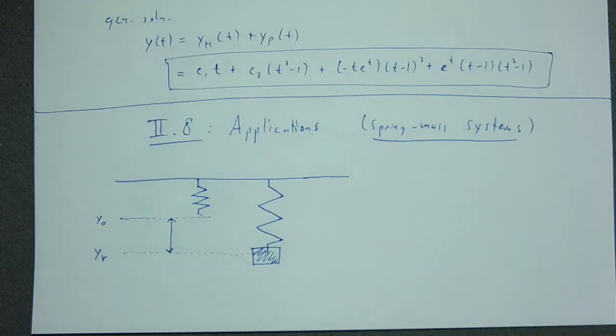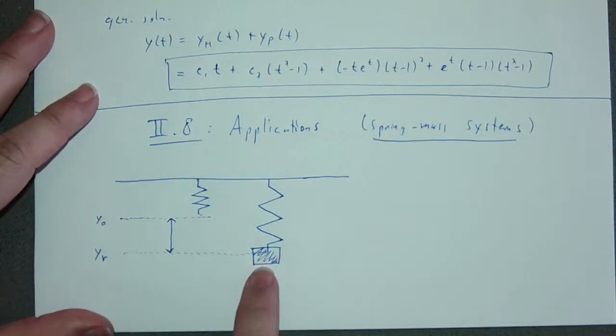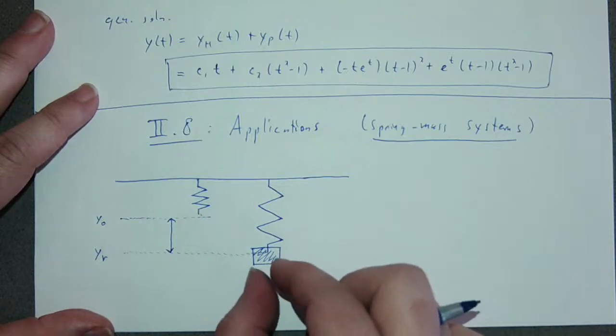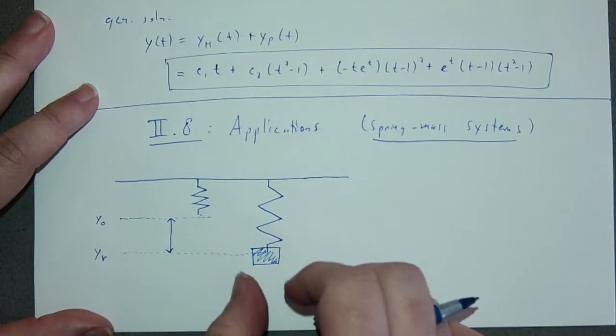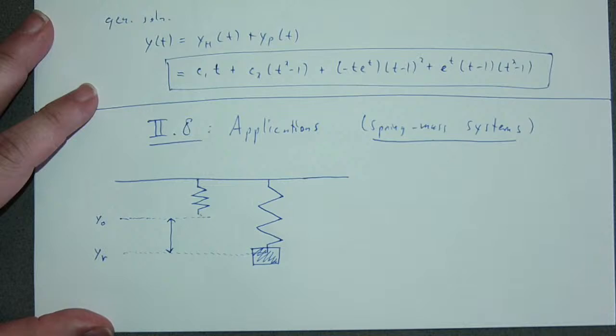Now, in general, the behavior that we're going to be modeling with this is to impart some initial position and then some initial velocity. That is, I move this spring and I let it go, and I want to know what the position is. I want to track this position at some generic time t.